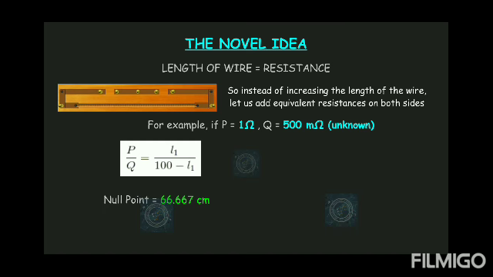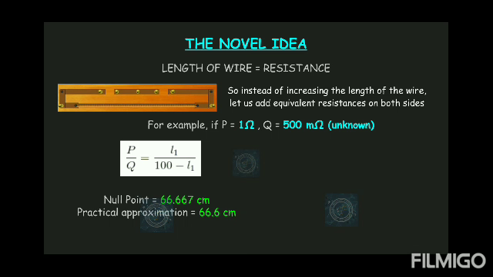I already talked in the last video that I'll always be saying about measuring from the left side. Well, the problem again is that practically we will never be able to get the null point on 66.667. I mean, the null point will be obtained at 66.667, but our scale will not be able to measure that value, and we will just be satisfied with 66.6, say.